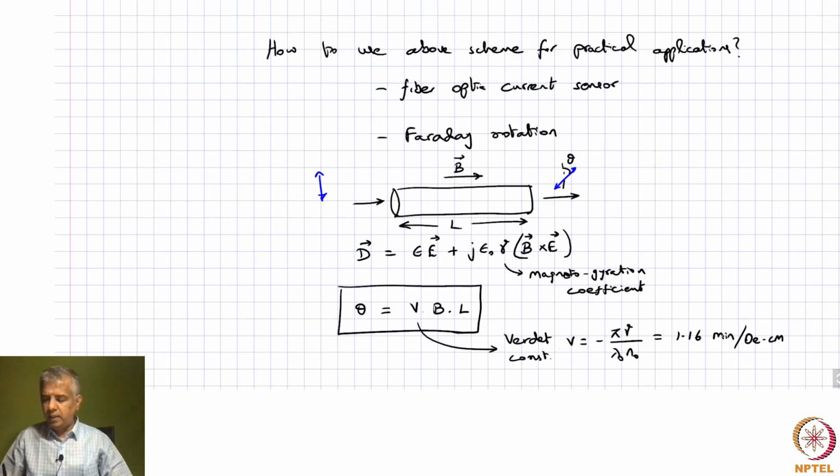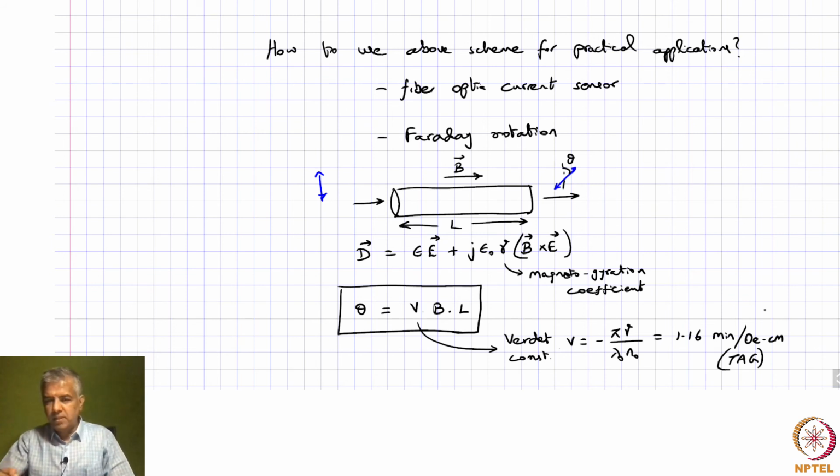This is the angle, expressed in minutes. Of course, you can represent that in terms of degrees or radians as well. That is for a particular material like TAG. However, for glass, this is 2 orders of magnitude smaller, so it works out to be about 0.01 minute per Oersted centimeter.